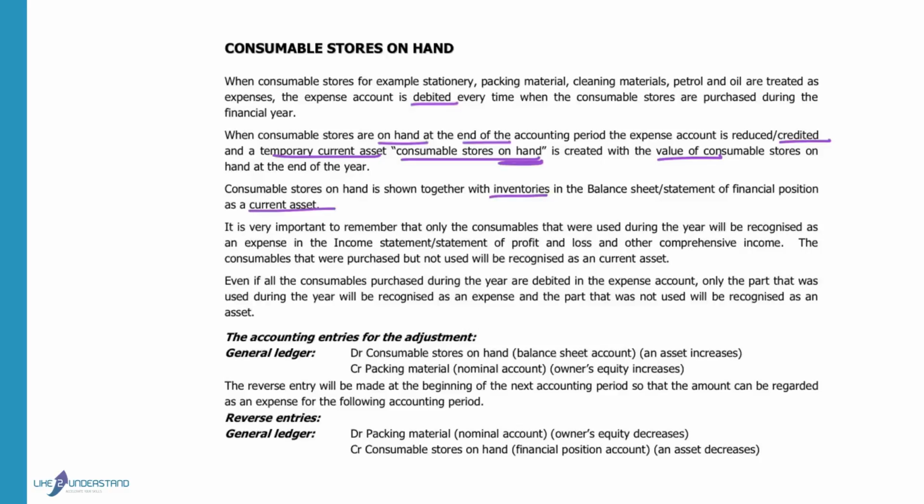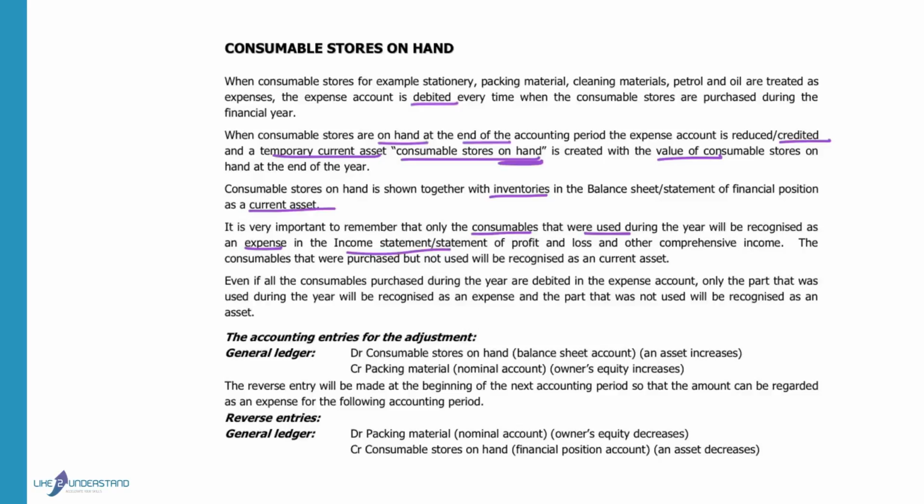It is very important to remember that only consumables that was actually used during the year will be recognized as an expense in your income statement or in your profit and loss account. So the actual expense for the year goes to the income statement, and that will be the part that you've used during the year.